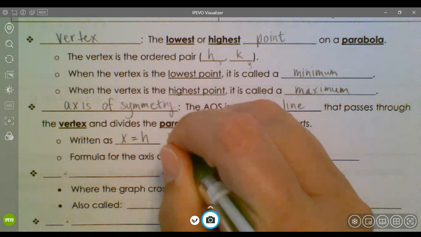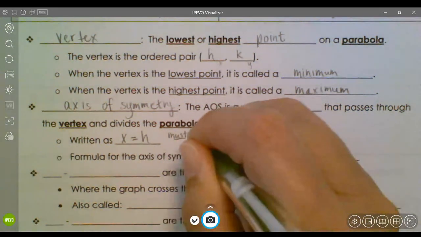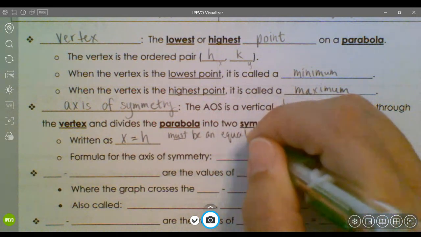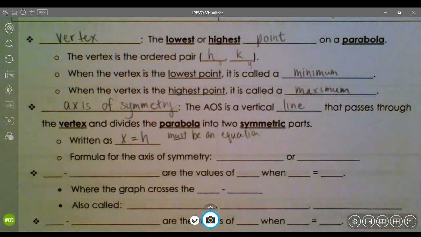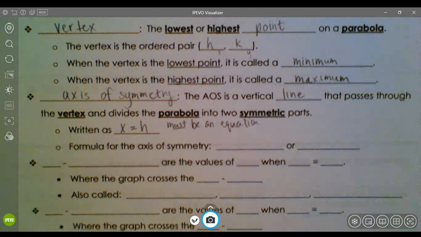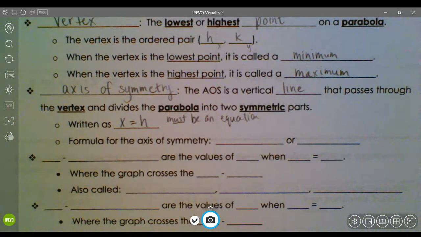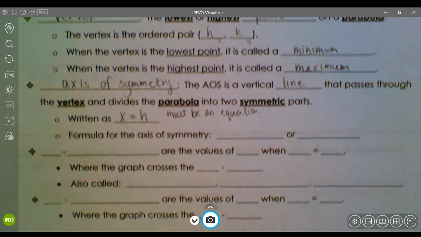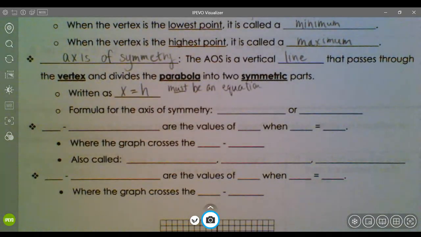I'm going to tell you right now, it must be an equation. You can't just say 5. It's a line. So a line, remember, is the set of ordered pairs that satisfy a given equation. So please give me an equation for the axis of symmetry. So there are two formulas.